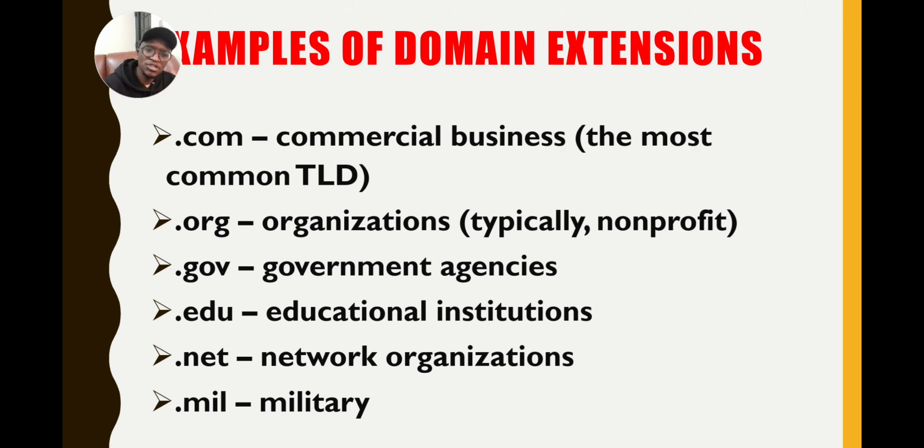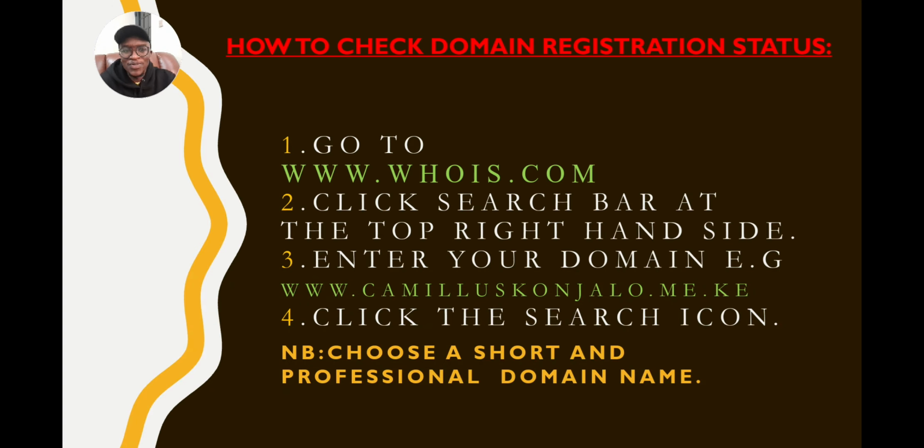For government institutions, .gov. And some of these extensions will require you to provide supporting documents before you can register them. For example, you can't just register a .gov extension. You need to provide proof that you are registering a domain for a government agency. Again, this is information for future use.